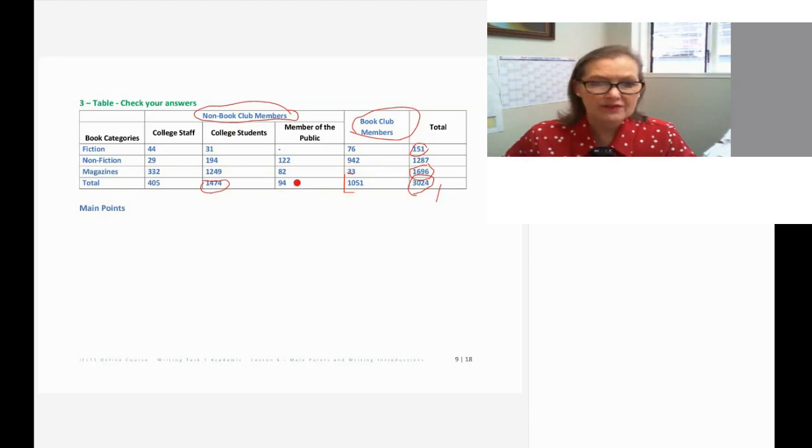So we could say, for example, that most of the college students purchased magazines. That's the highest number there. While most of the book club members purchased the non-fiction.